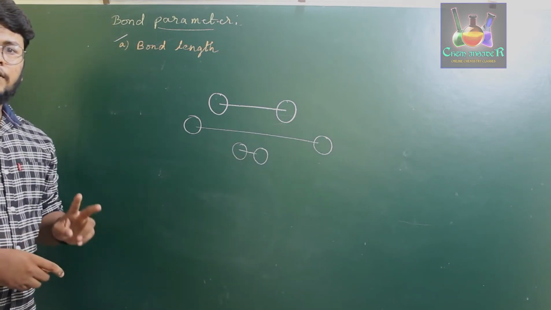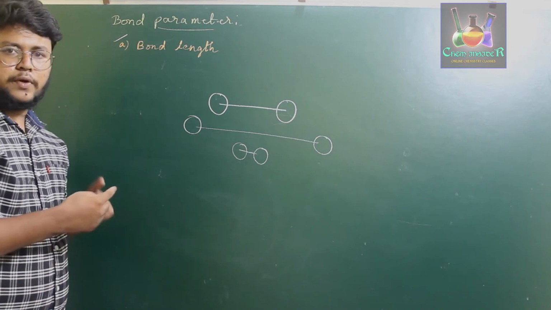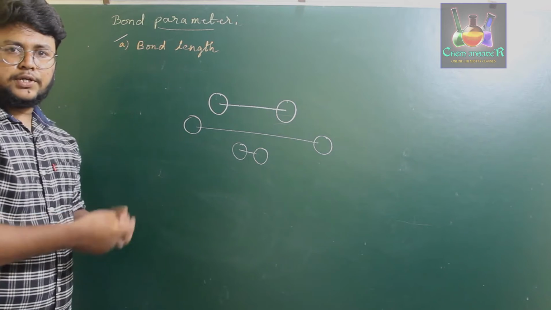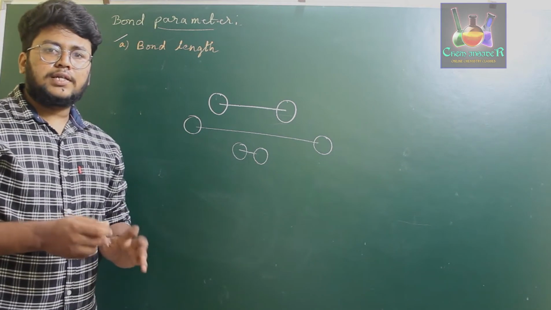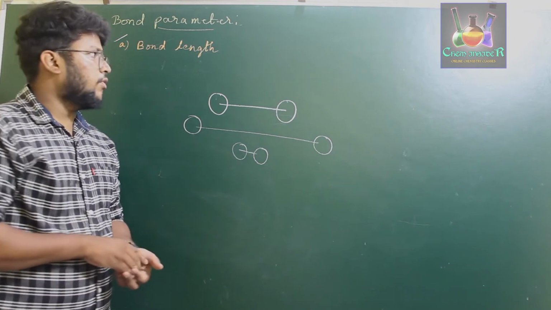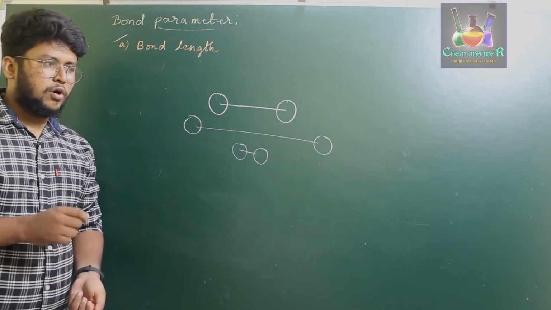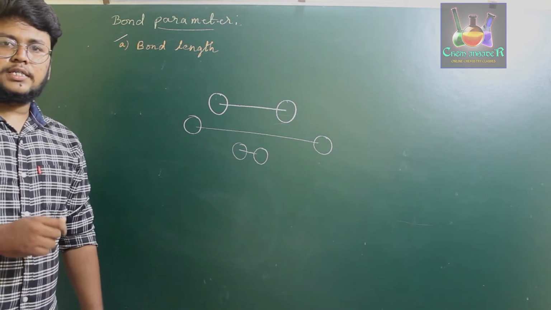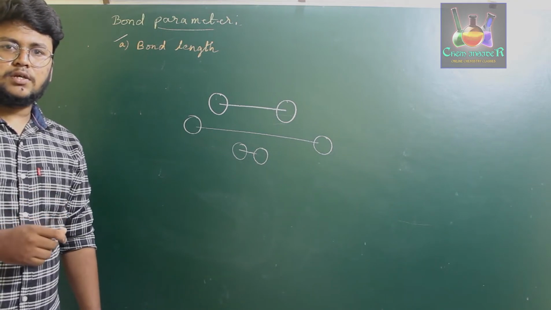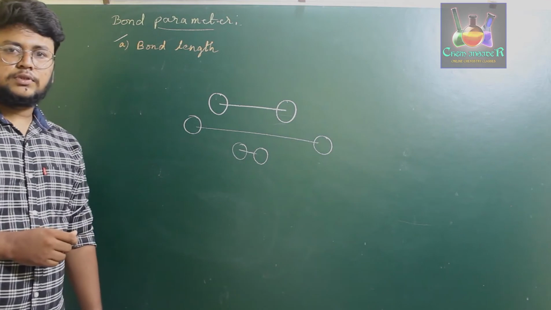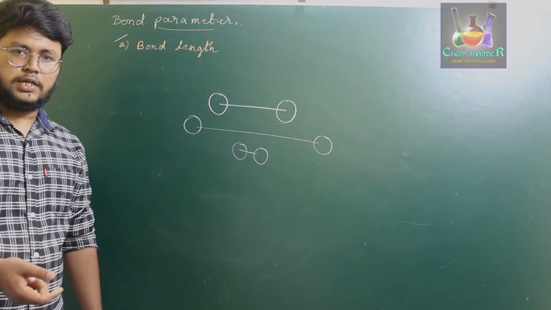Similarly, the bond between 2 nuclei is always elastic in nature, therefore it might undergo expansion or compression. Therefore, if we have to define bond length, we have to take its equilibrium state. Bond length of a diatomic molecule is defined as the equilibrium distance between the 2 nuclei of atoms which are the same or different, it doesn't matter.